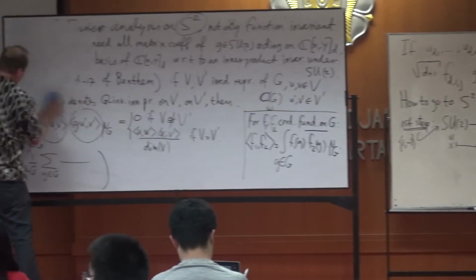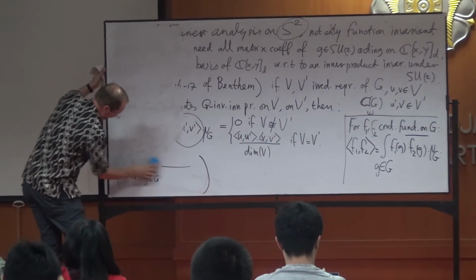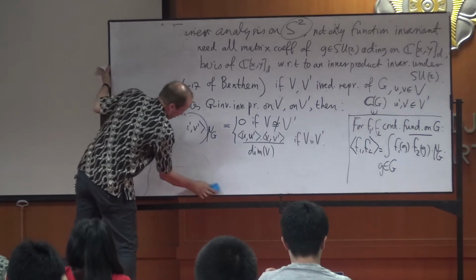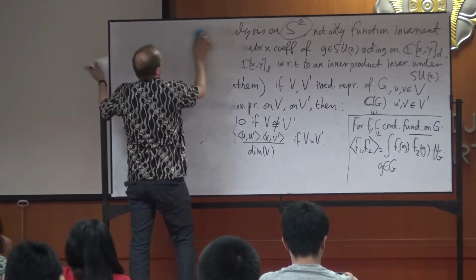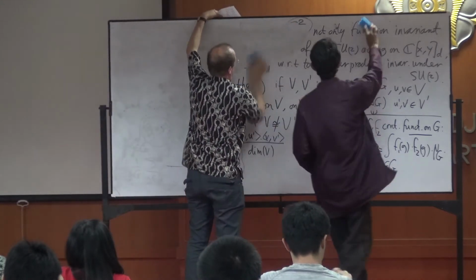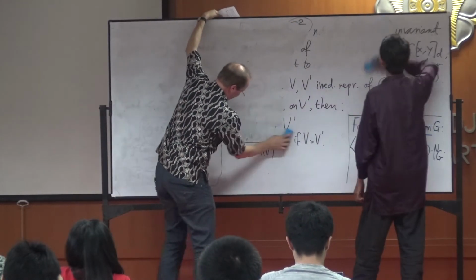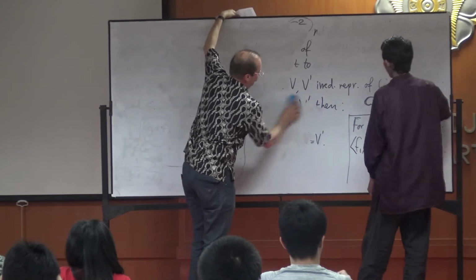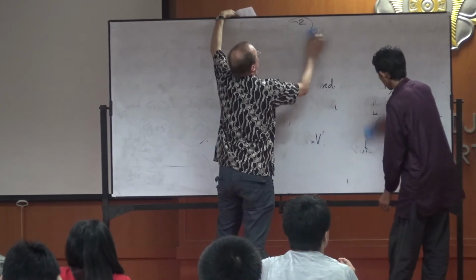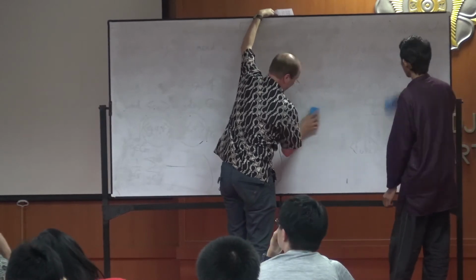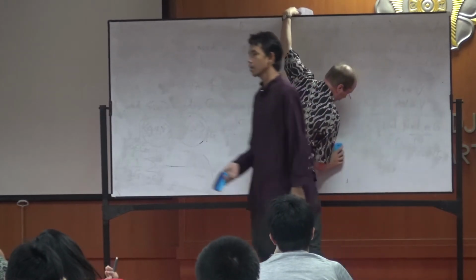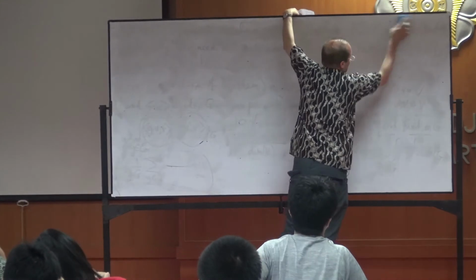So I'm saying that I know the irreducible representations of SO3. Somehow we found out what they are by going to a lower dimensional group, say SU2 is only 2 by 2 matrices, but complex. And it was not so hard to find the irreducible representations of that.